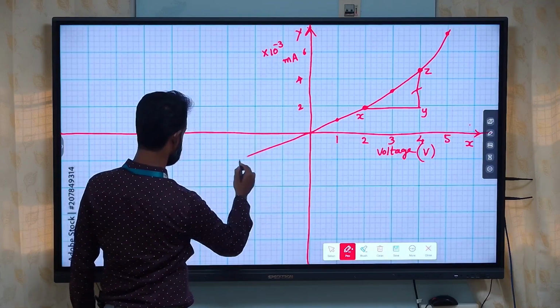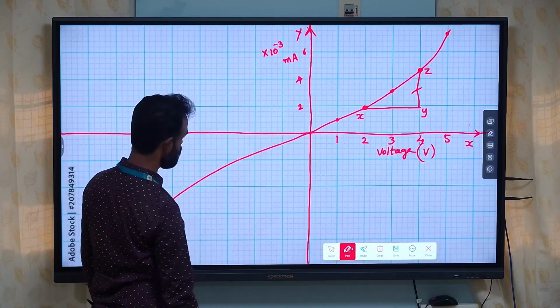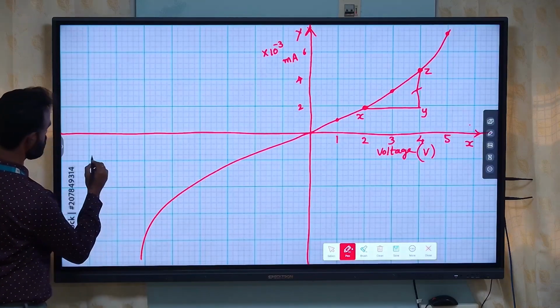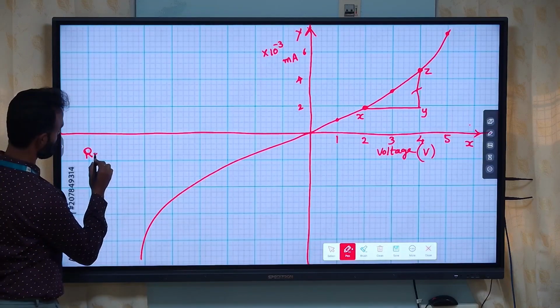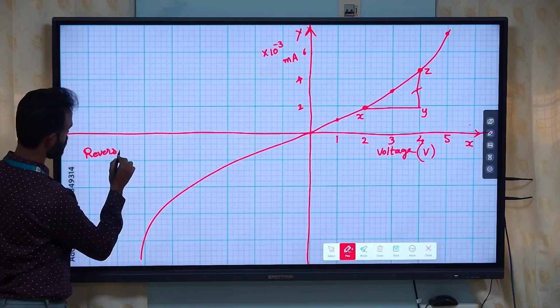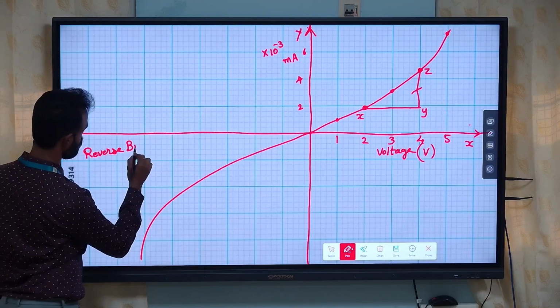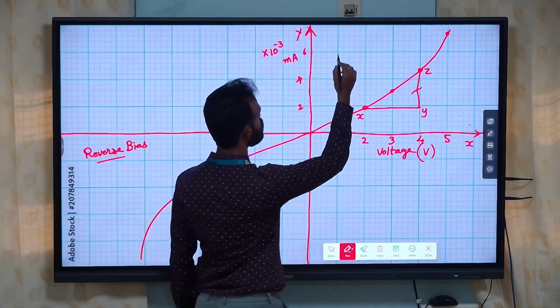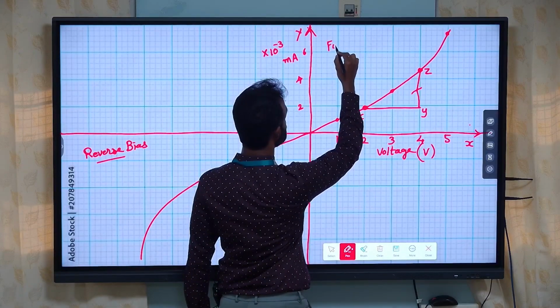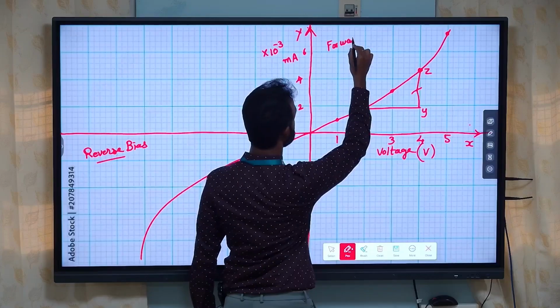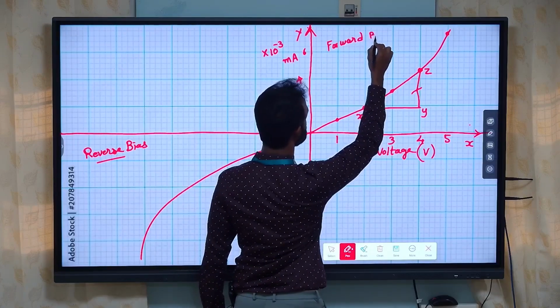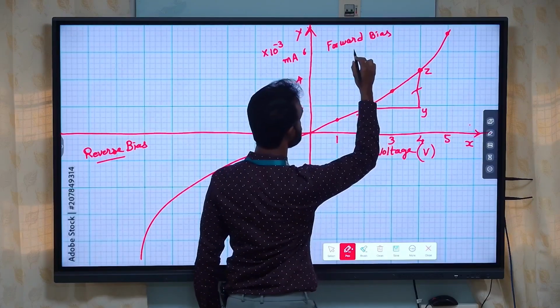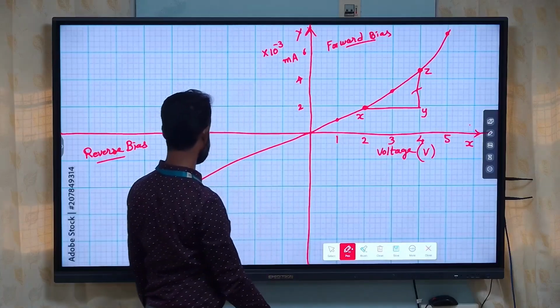And imagine this is the graph we will get for reverse bias. This is reverse bias and this one is forward bias.